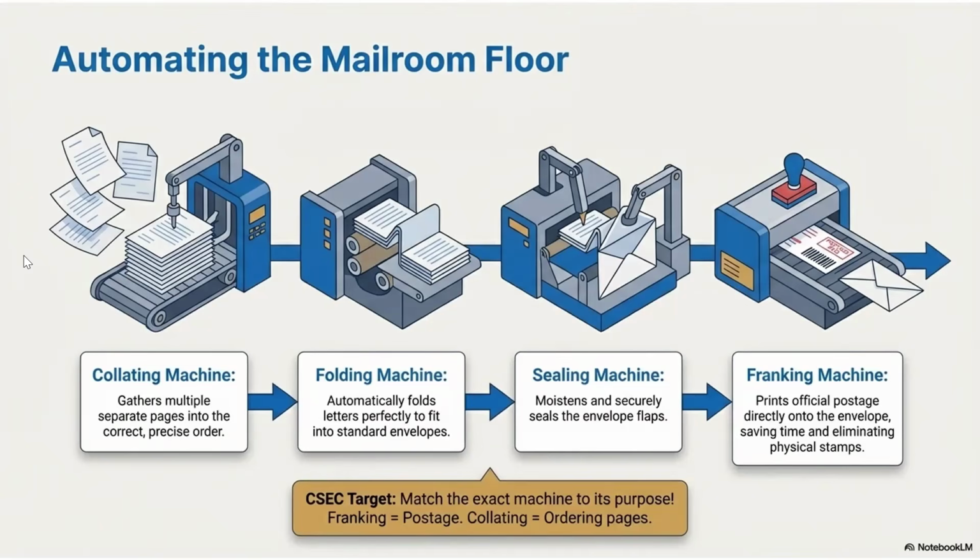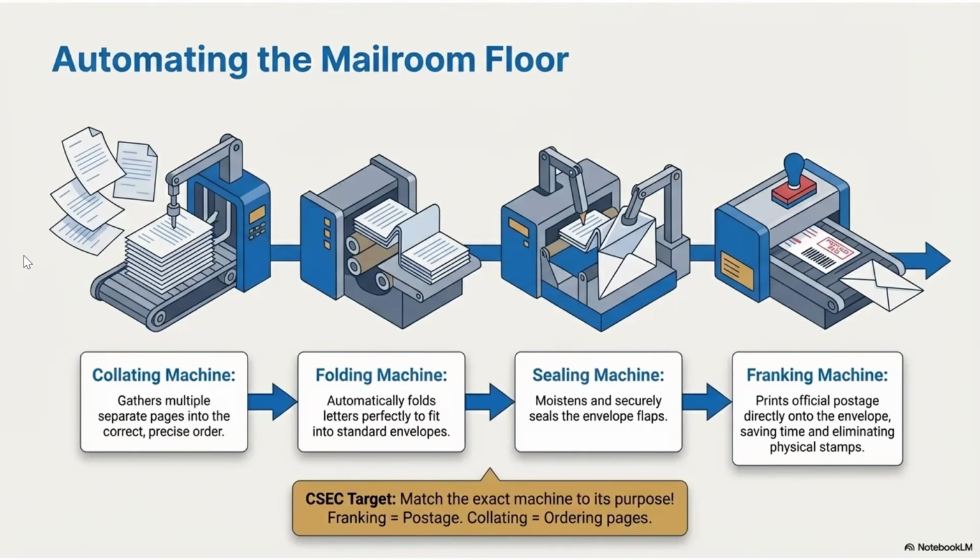The folding machine folds letters based on standard envelopes, so it can fit in the envelope perfectly. A sealing machine seals envelopes, and a franking machine prints what you normally have on a stamp; it will print that on the mail.